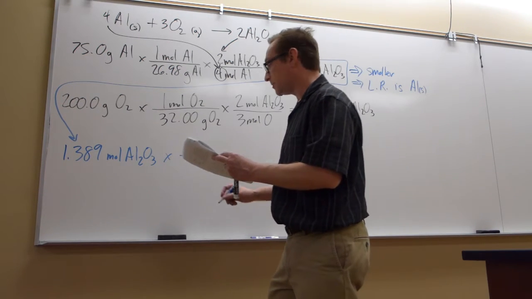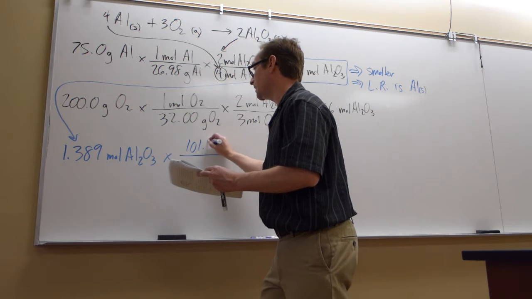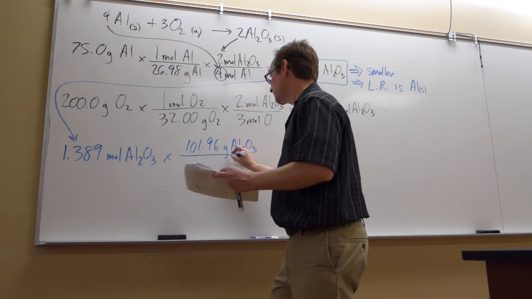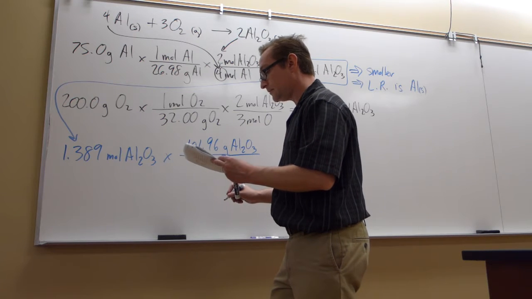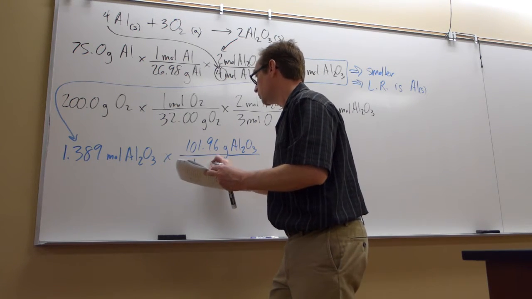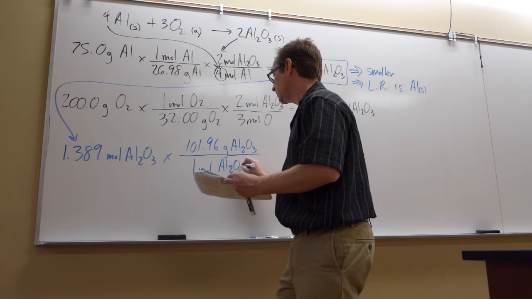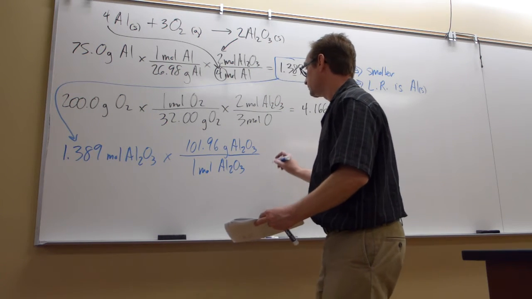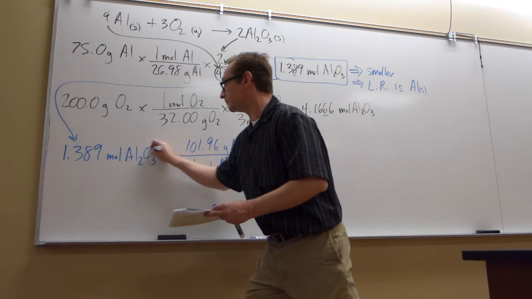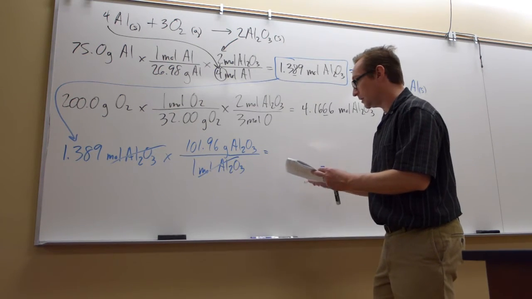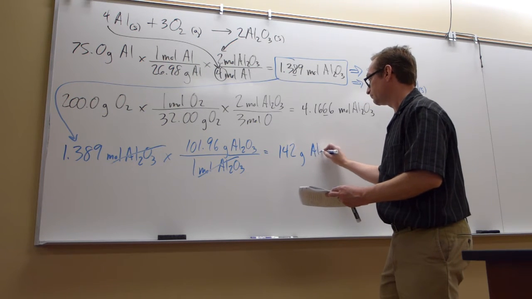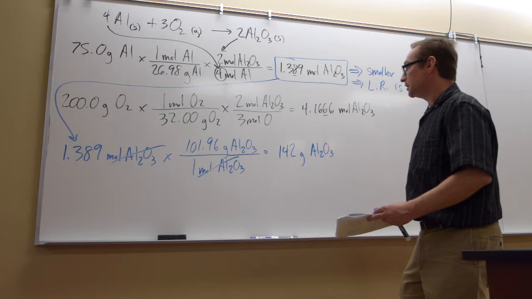Molar mass of aluminum oxide turns out to be 101.96. And I get over 1 mole. Okay, and that would give me 142 grams of aluminum oxide.